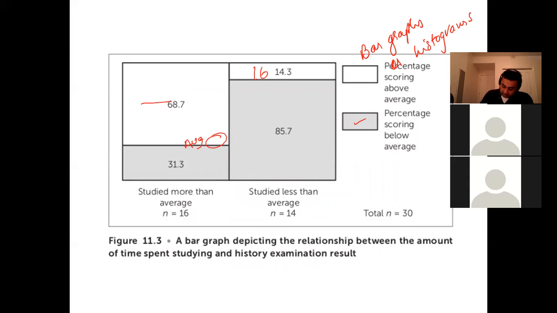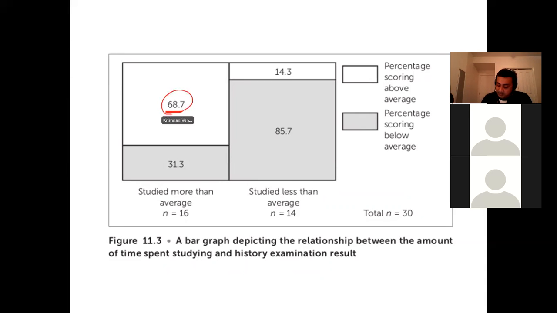Again, like I said, just as with the tables, the bar graphs can be represented in different ways. This is like a shaded area plot. The size of the box has a percentage in it, and so they represent by percentages.